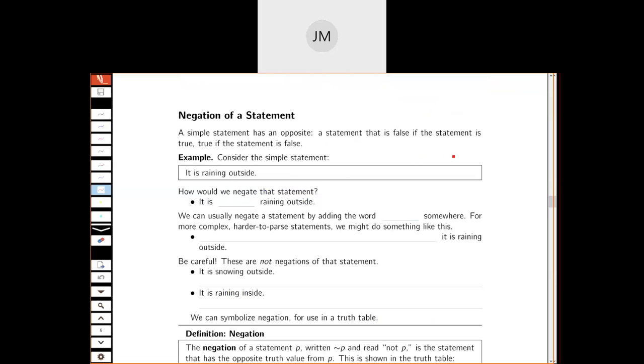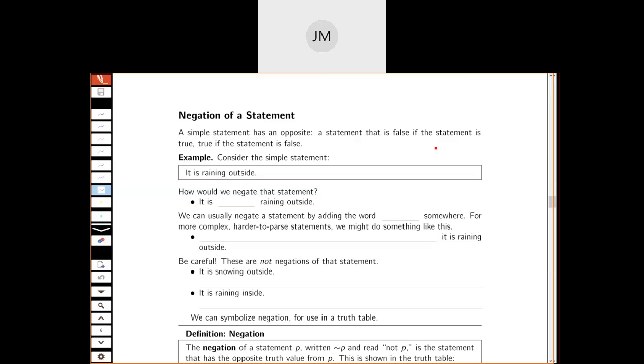Okay, so what we're going to do today is get into a little bit more of the nitty-gritty detail of formal logic, starting with negations of statements. This is a great example of how formal logic is both somewhat intuitive, I think more so than, say, algebra, but that can be deceptive because there are little details that can be confusing.